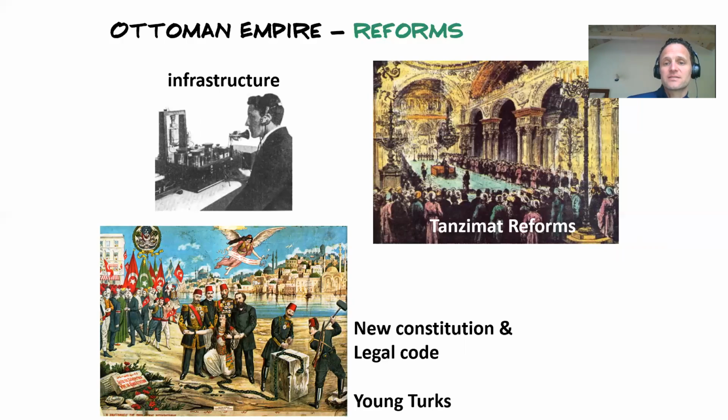And it modernizes the legal code to make a more constitutional legal code similar to what exists in Europe and in the United States. The Ottoman reforms are led by a group known as the Young Turks.